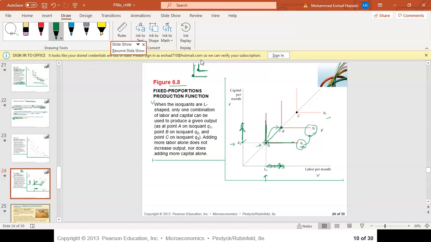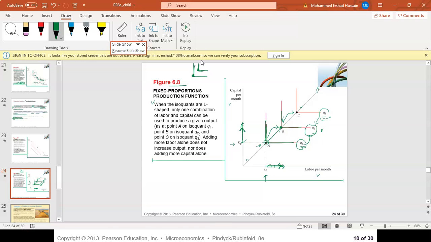Again, from B, if you just increase labor, output will not increase. If you just increase capital, output will not increase. They both must increase in the proportion shown by this line. If you do, then output goes from B to C, and Q3 is a higher isoquant than Q1. So that is the thing.